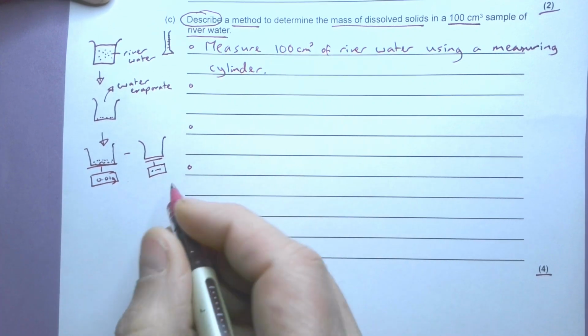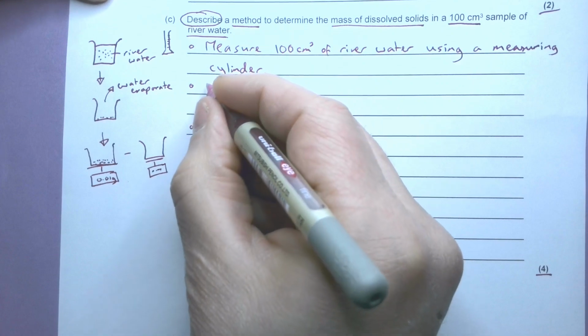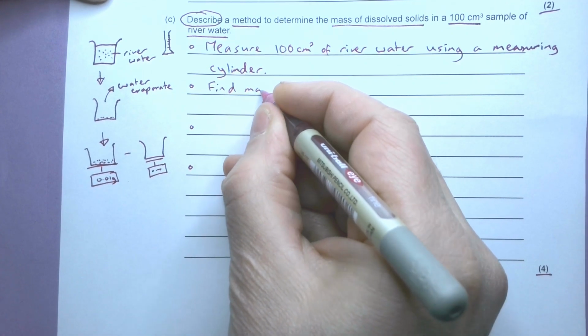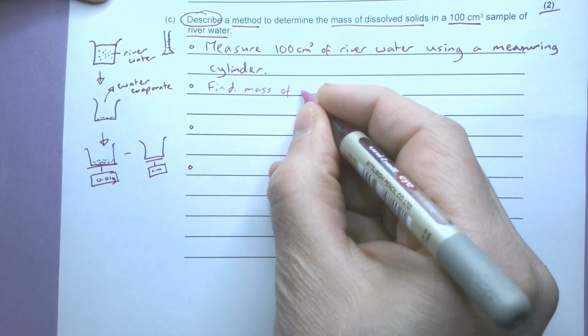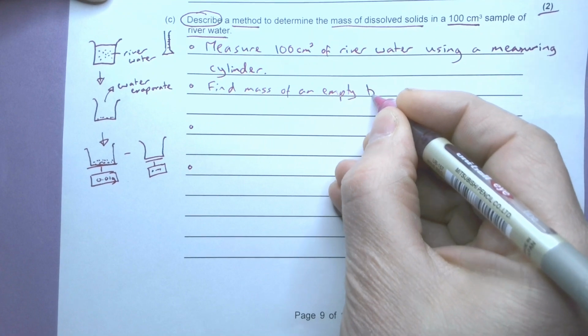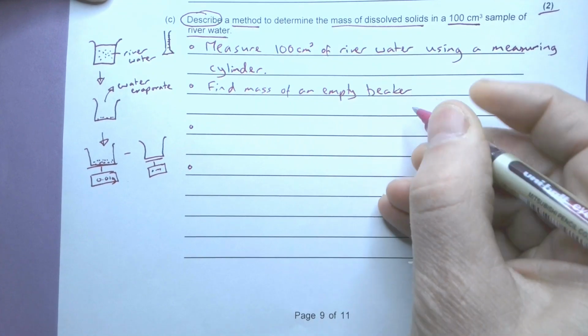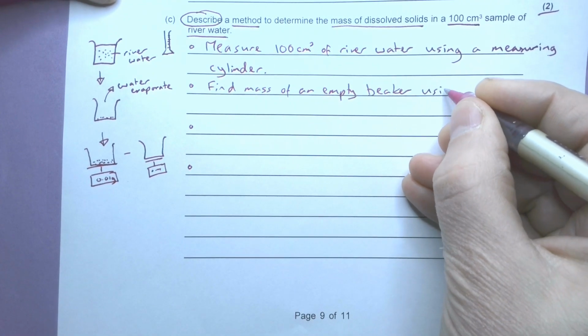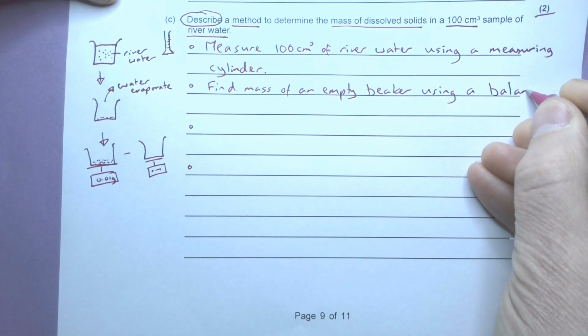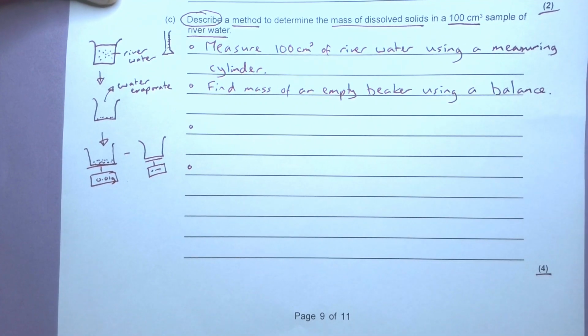So I'm going to find the mass of the empty beaker first. So find the mass of an empty beaker using a balance.